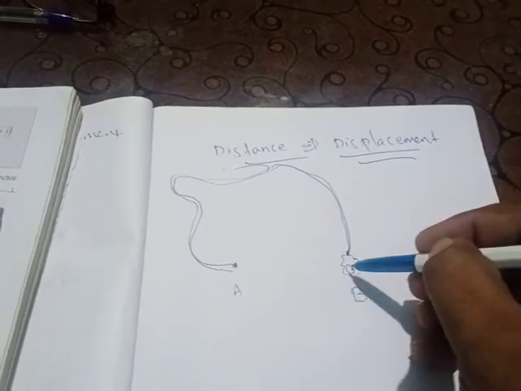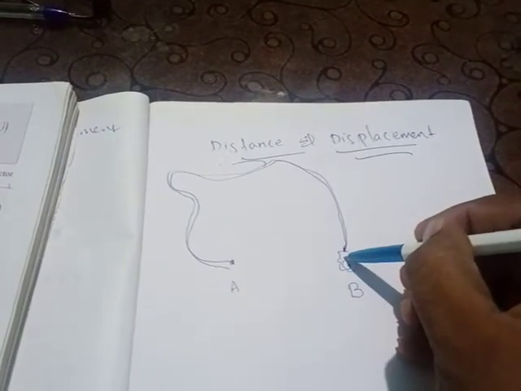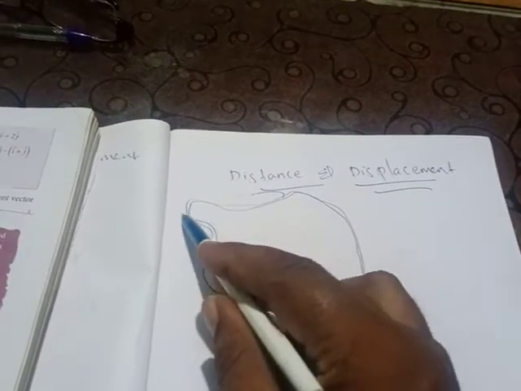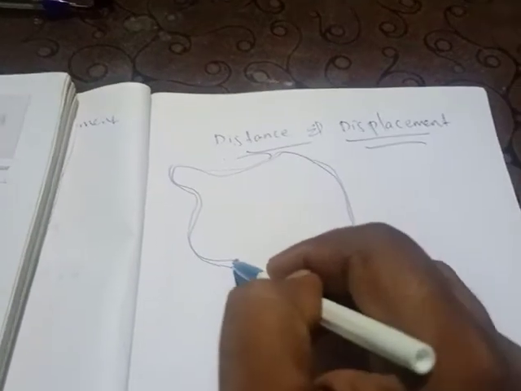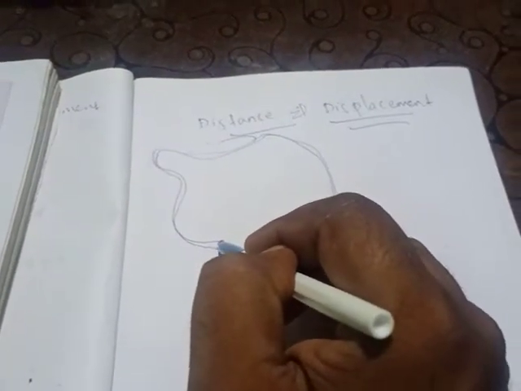Within some time, this object has moved from the point B to A along this path, and this is what we call distance.